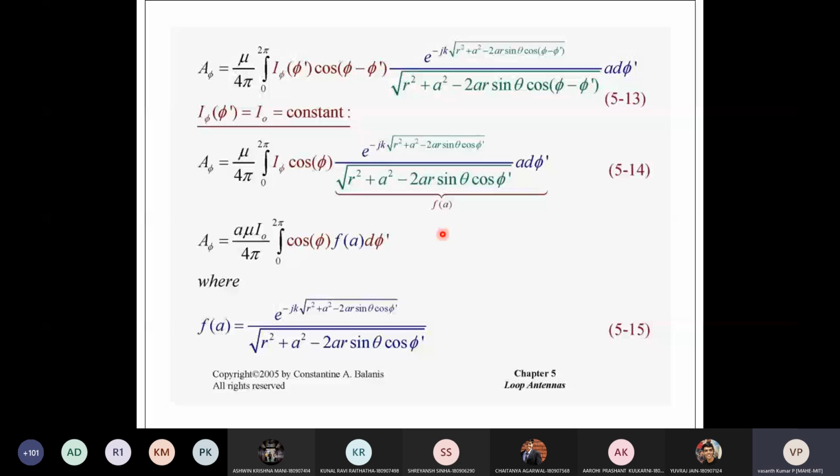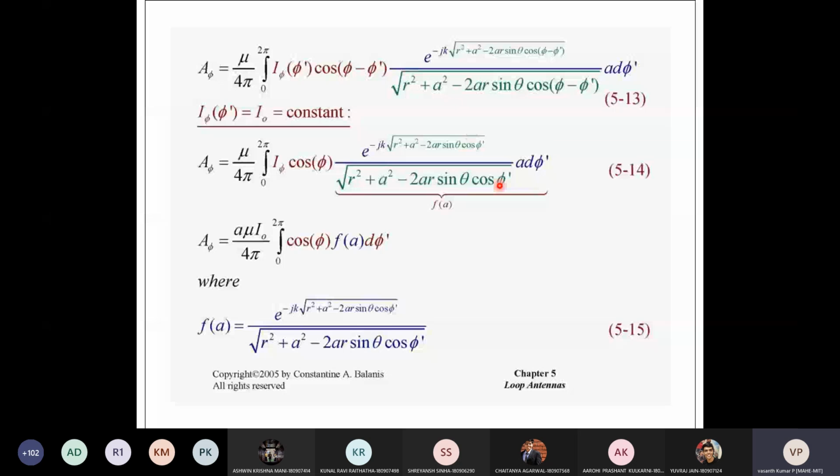Excuse me, sir. Yes, tell me. So we were zeroing in on phi dash, right? Shouldn't there be cos phi in f of a, like 2ar sine theta cos phi, not phi dash? See, here we are taking that because it will make the integration simple.